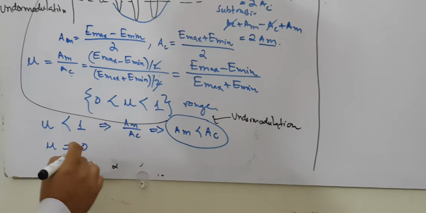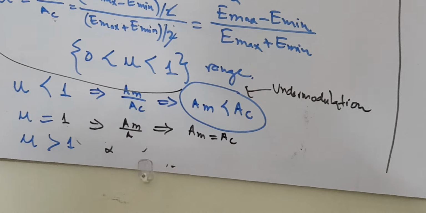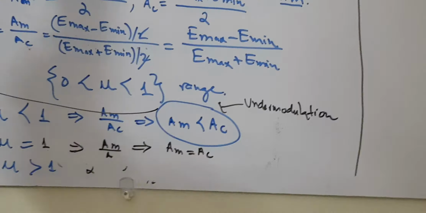But if your modulation index is equal to 1, what does that mean? AM divided by AC equals 1, which means that AM is equal to AC. So your signal is something like this.